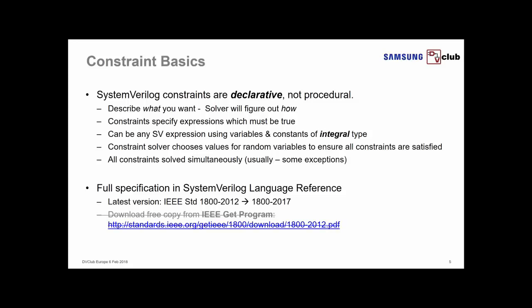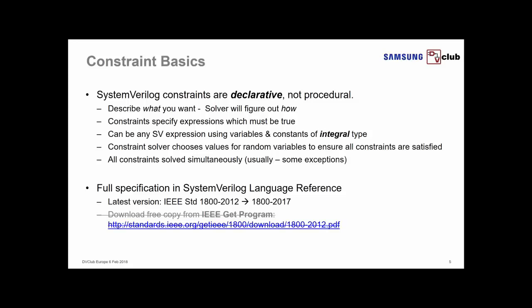For the full specification of the constraint language, your best reference is the SystemVerilog Language Reference Manual, the IEEE standard. The one I used when I developed this talk was the 2012 version, but in the interim there's a 2017 version. I'm not sure if it's released yet, but it should be available soon.